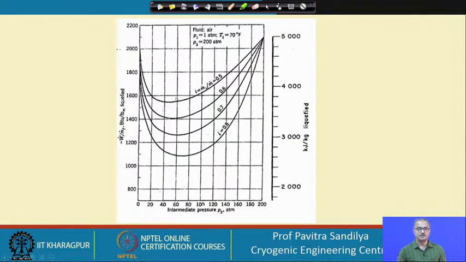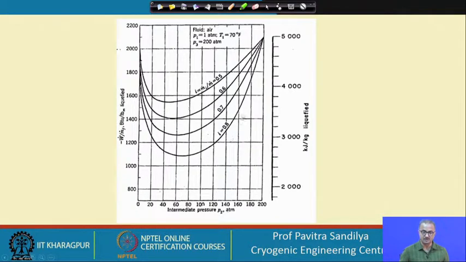This graph shows how, with the change in the intermediate pressure and the intermediate mass flow ratio, the liquid yield and the work get affected. Suppose I choose any value of the intermediate flow ratio, and some particular curve for I.